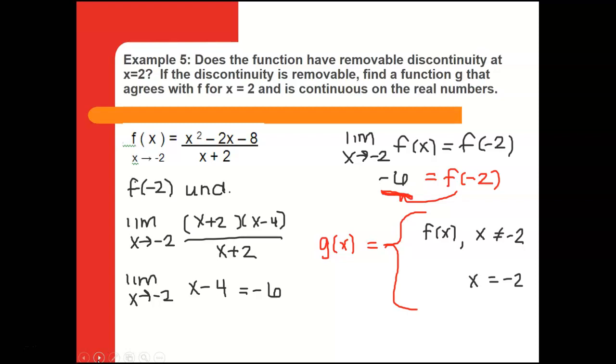I need g to be -6. I need to be able to fill in that hole. So the limit as x approaches -2 is -6. Now, g of -2 fills in that hole with a -6. Therefore, g of x represents the continuous function for f.